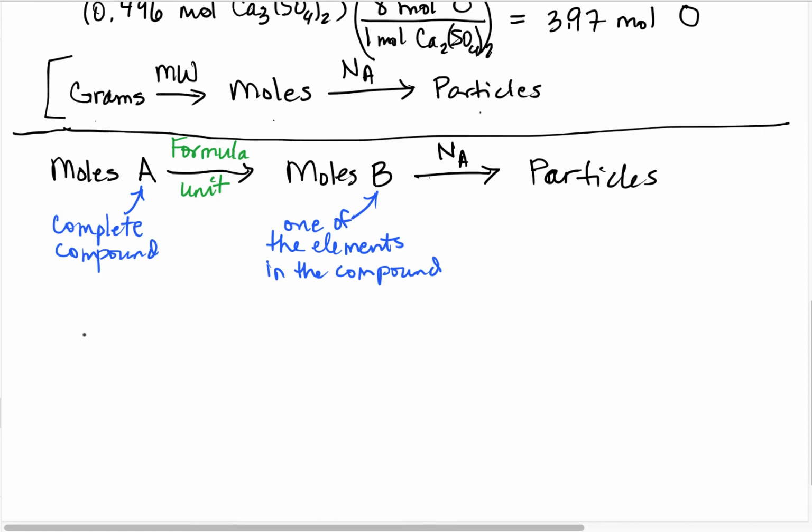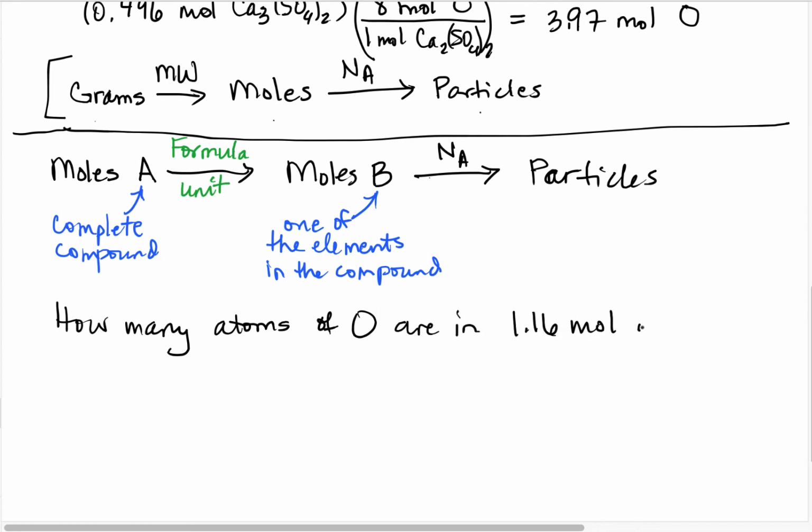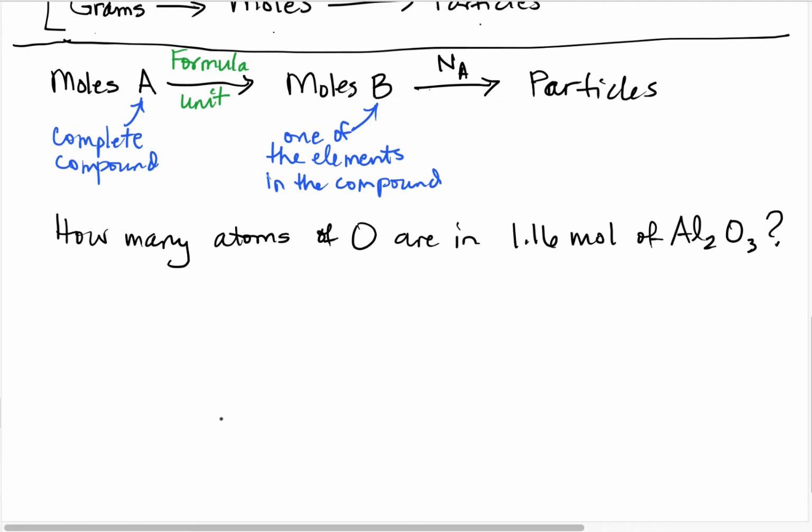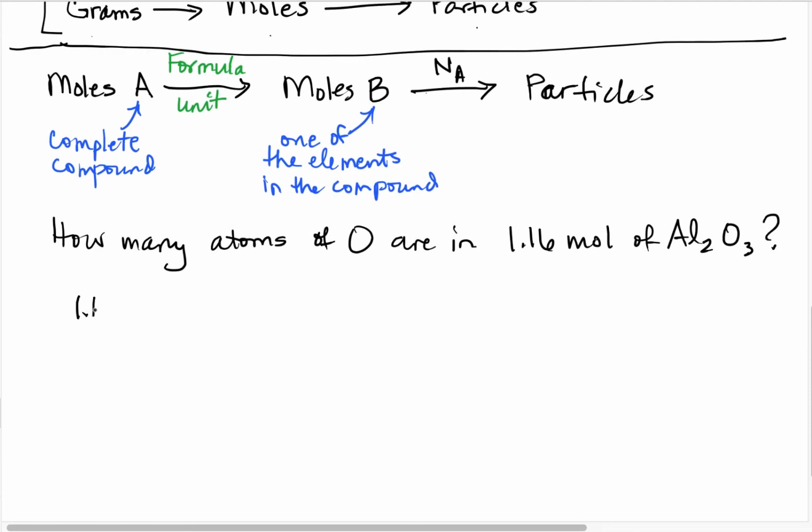So let's say, for example, that we had a question like, how many atoms of oxygen are in 1.16 moles of aluminum oxide? So we're going to set it up using the skills that we just had. All right. So we're going to say we have 1.16 moles of aluminum oxide.